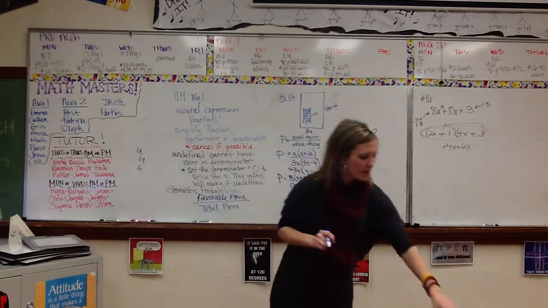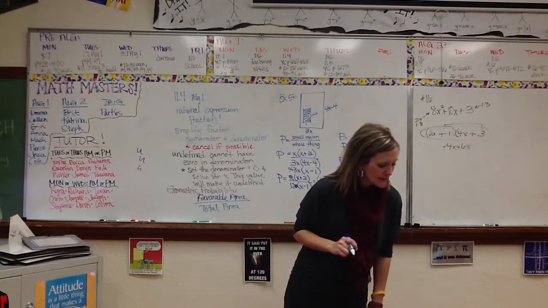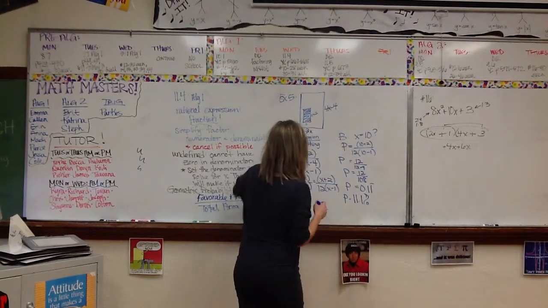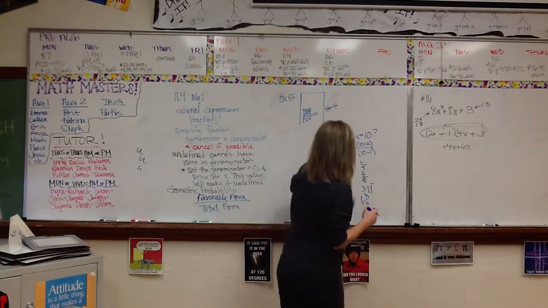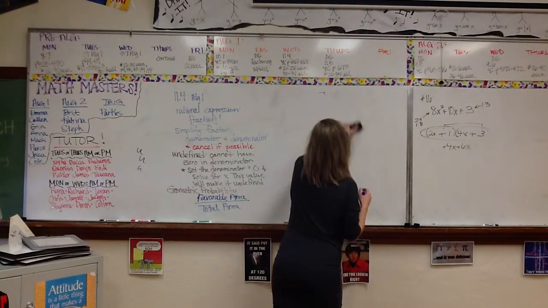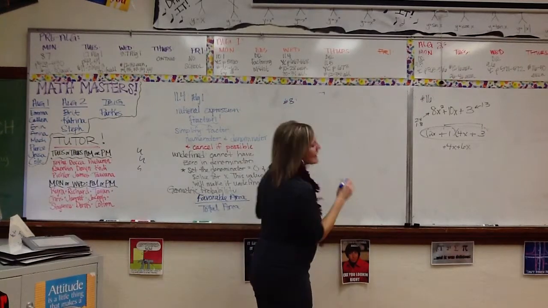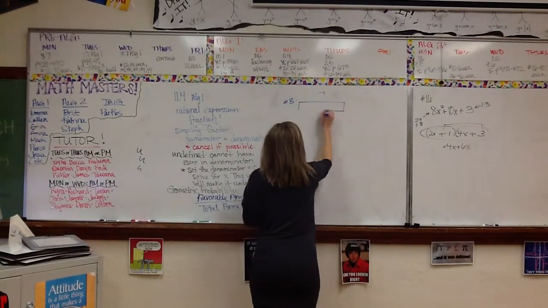Okay? Let's see if we can get one more in. Let's take a look at page 667 and look at number 8. Now number 8 has this skinny picture like this.